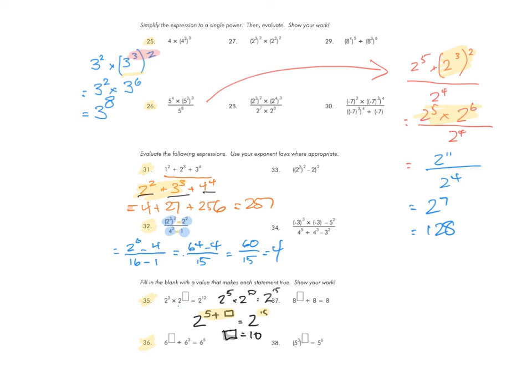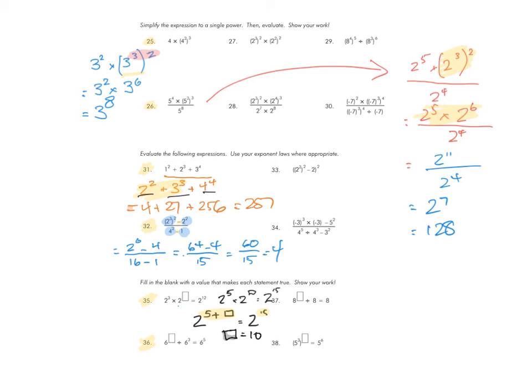So the answer to that question is 10. And again, it's not the exact question 35, but it's to show you how to do a question like 35. So you will have to go ahead and take that strategy and kind of tailor it to what 35 is.